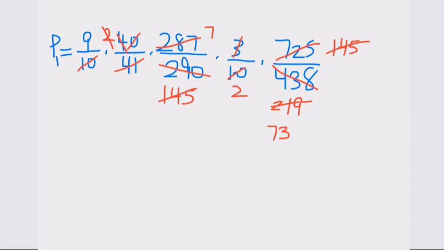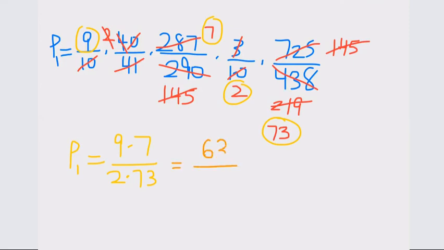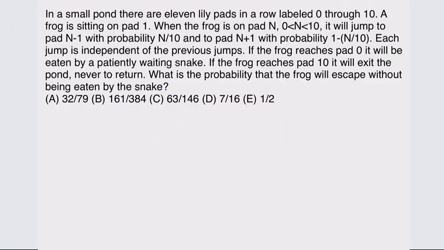And let's see. What we get is p1 equals 9 times 7 over 2 times 73, which is 63 over 146. So the answer is 63 over 146. And sure enough, if we look back at the original problem, that is answer choice C.